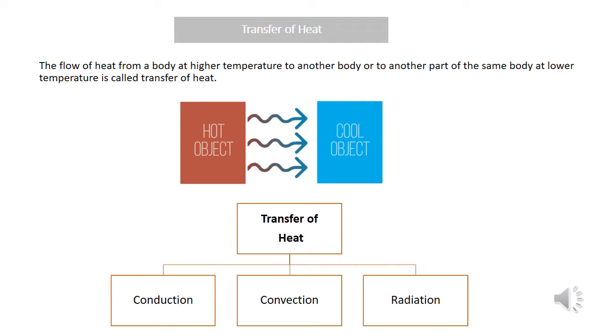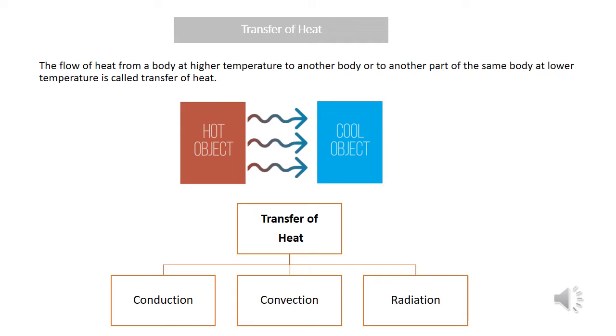Because we feel hot from where we are holding it, any pan, any vessel, because heat gets transferred. So the flow of heat from a body at high temperature to another body or to another part of the same body, which was at low temperature, is called transfer of heat.